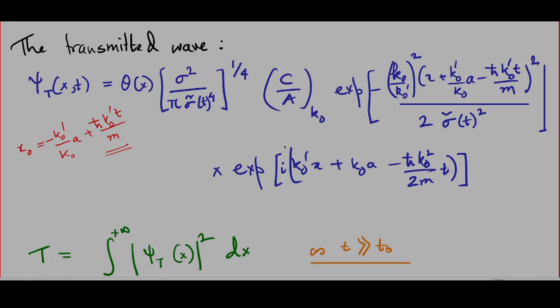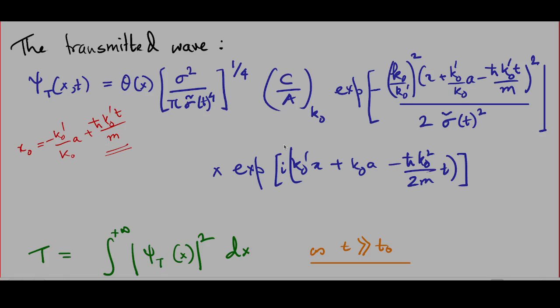The only difference, of course, is that because we are dealing with a wave packet where the energy and hence the momentum is spread out slightly, you have to use the central momentum values h cross k0 and corresponding h cross k0 prime to calculate the reflectance and the transmittance.